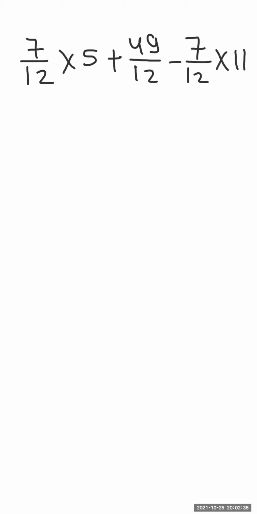It's 7 over 12 times 5 plus 49 over 12 minus 7 over 12 times 11. So there are 3 terms here, this term and this term and this term. Guys, listen carefully. How did I know that there are 3 terms?